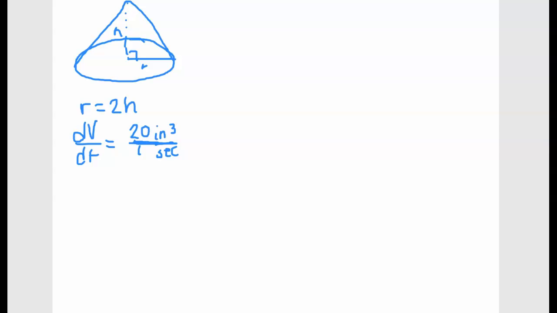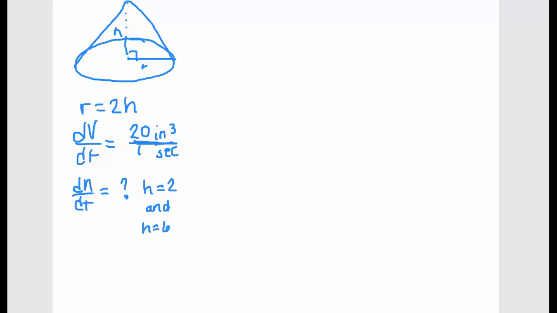What am I looking for? I'm looking for how fast the height is changing. So I'm looking for dh/dt, given h equals 2 and h equals 6.